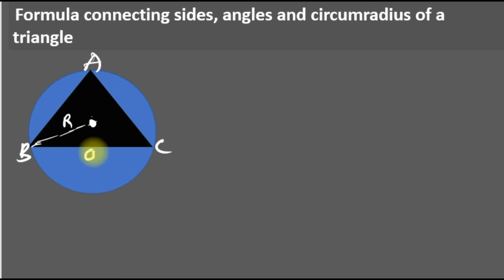The sides here are A, the one here is B, while this one is small letter C.